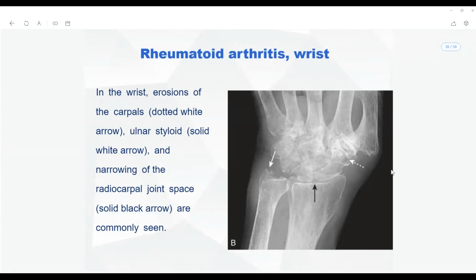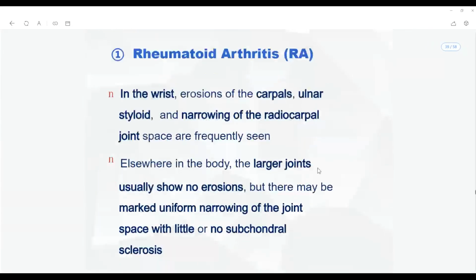Okay, and carpals, ulnar and radial ulnar joint, most of the time wrist joints and metacarpo-interphalangeal joints, and the proximal interphalangeal joints and the distal interphalangeal joints are the ones most commonly involved.